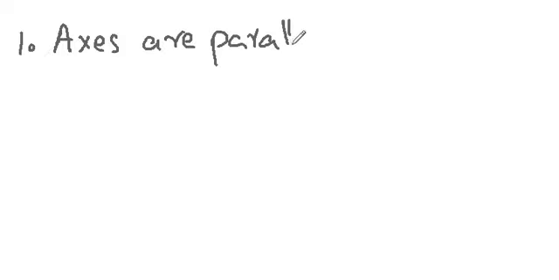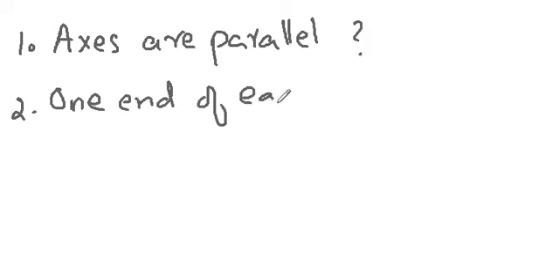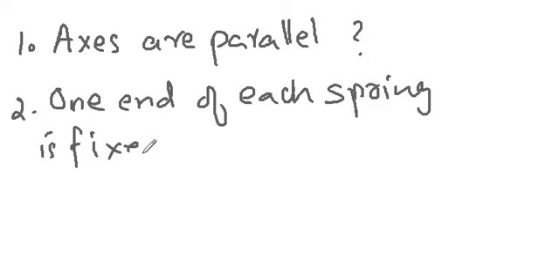How to check whether springs are connected in series or parallel? For this, the following three tests can be carried out. First one, check whether axes of different springs are parallel or not. Second one, one end of each spring is fixed, that means non-oscillating.